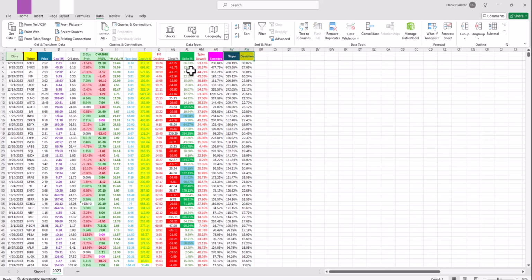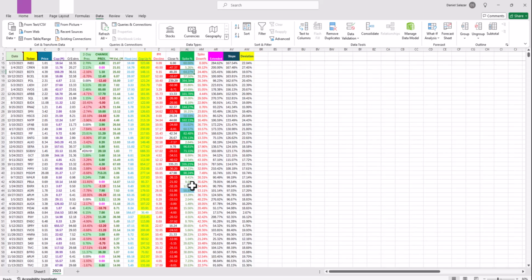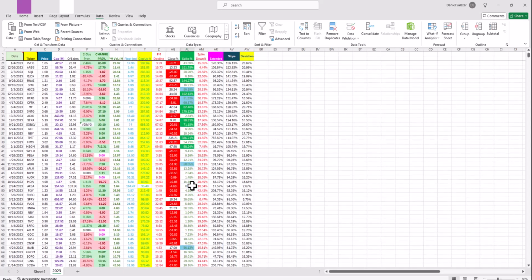This column right here is the spike. Anything that has spiked up over 72%, I highlighted green. Anything from 50 to 70 is highlighted in blue. So you can see the intensity in which they spike.